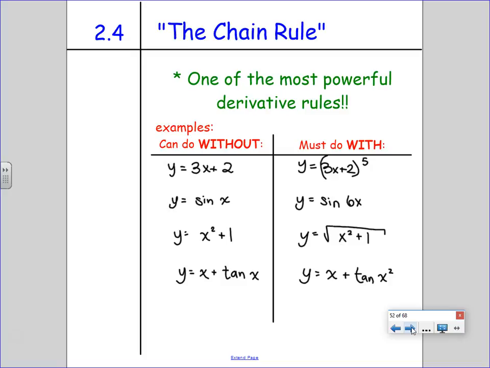But what had an outer part or shell and an inner component? Almost. It wasn't called component. Composite functions. Composite functions have outers and inners.